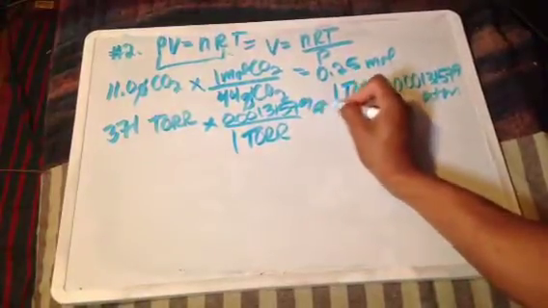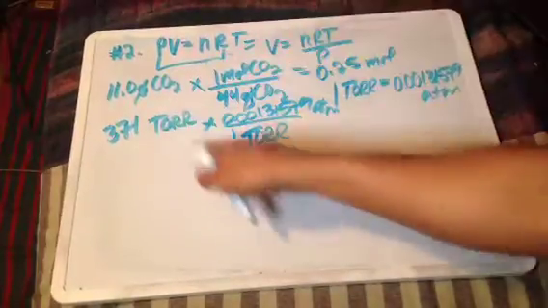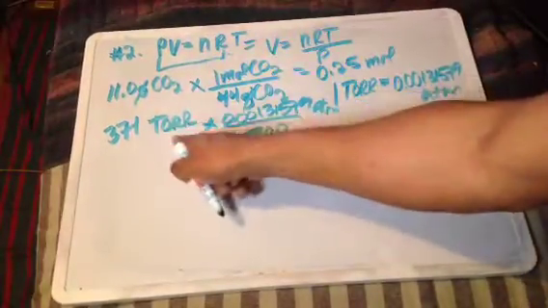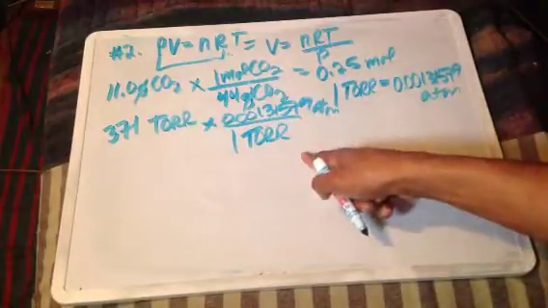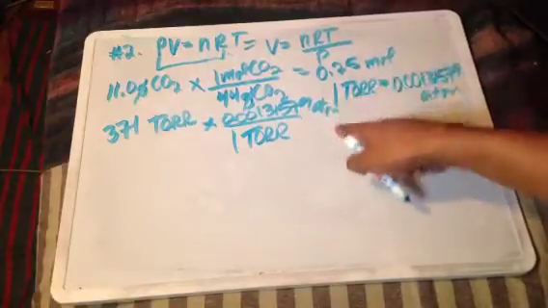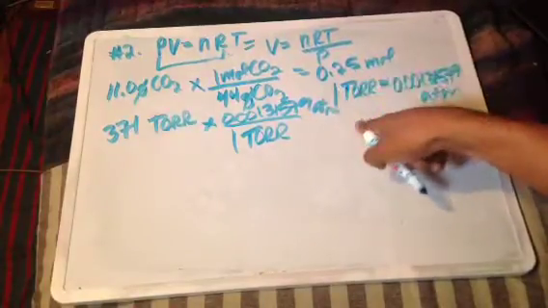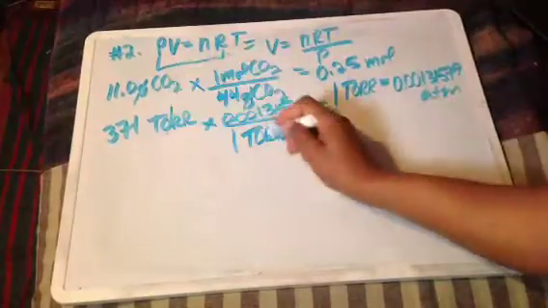is going to be equal to 0.0013159 ATM, right? And again, in our conversions, we always want to set it up so that the units we're converting from cancel out, so that we're left with what we're converting to, which in this case is atmospheric pressure or ATM. So torr cancels out.